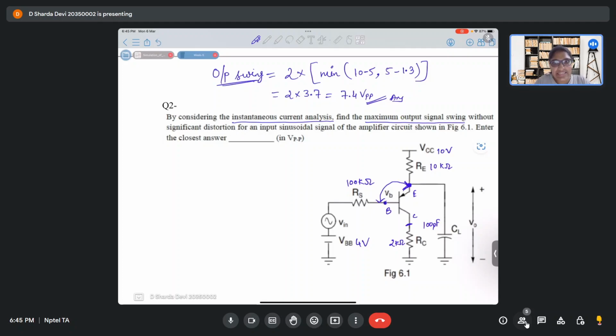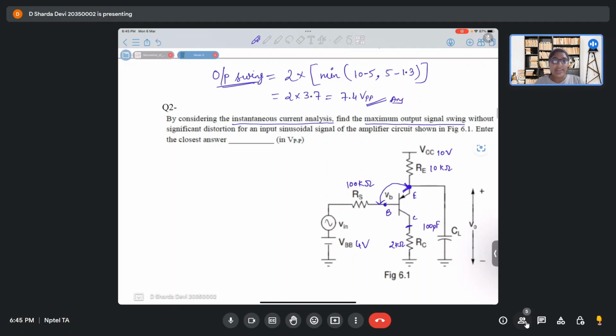DC current analysis and instantaneous current analysis are both very different. Now let me explain where the difference actually comes. Try to understand it very carefully. It's not very difficult, it's more like analyzing the circuit. So let's see.